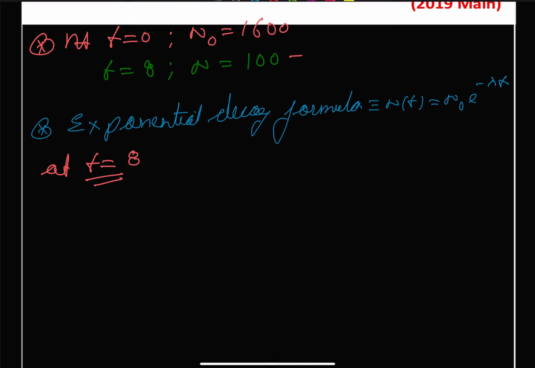This can be written as n of 8 is equal to n0 e raised to power minus lambda 8.